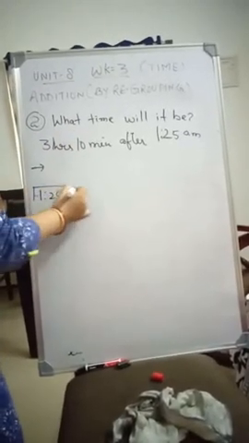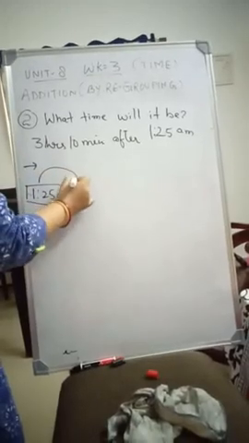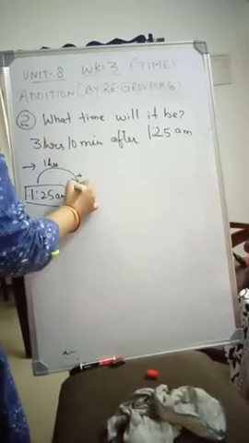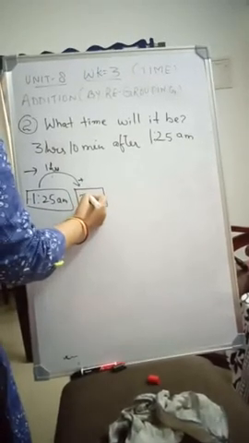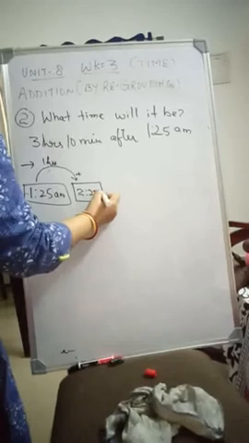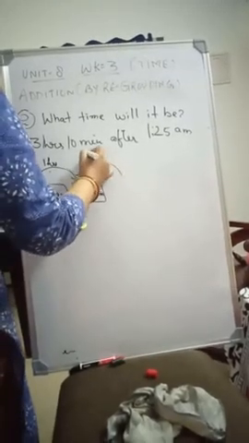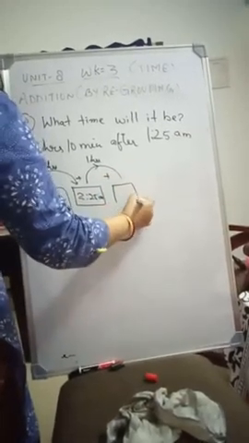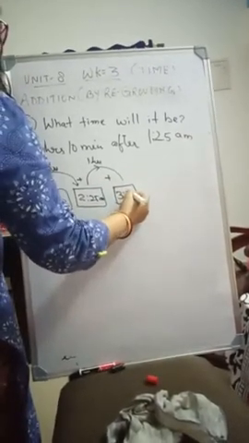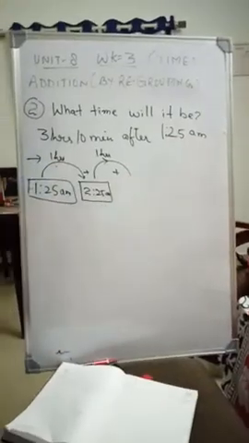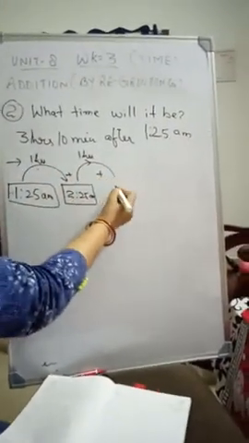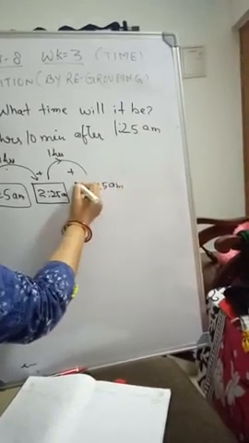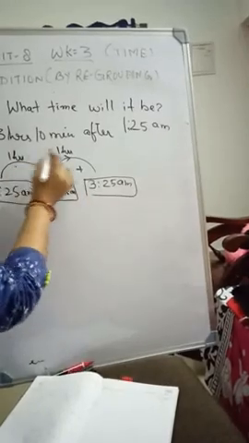So start from 1 hour. I will take a jump of 1 hour. Now it will become 2:25 a.m. Now again I will take a jump of 1 hour. It will become 3:25 a.m. So 1 hour plus 1 hour, 2 hours.